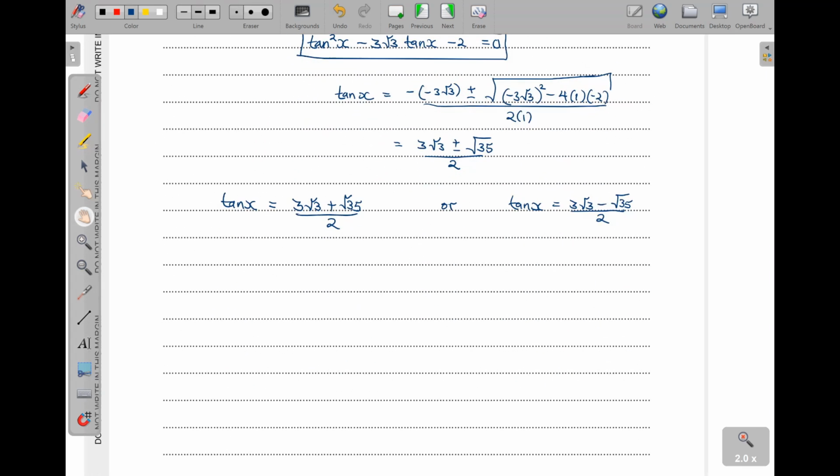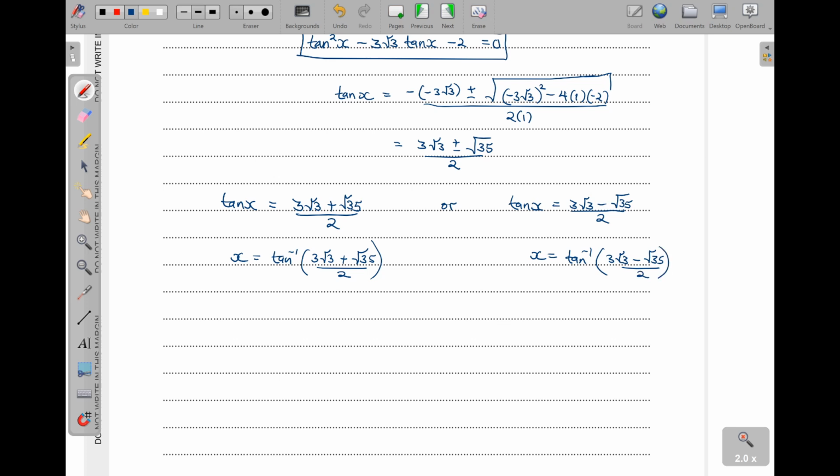And then making x the subject of the formula, we shall have x equal to the arctan of (3 root 3 plus root 35) over 2. Same thing here, x is going to be the arctan of (3 root 3 minus root 35) over 2.